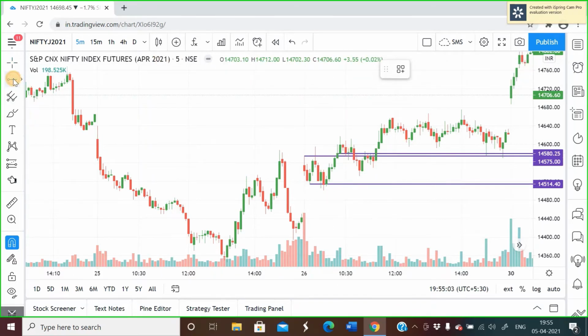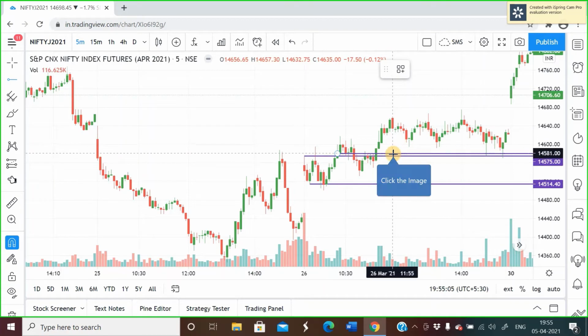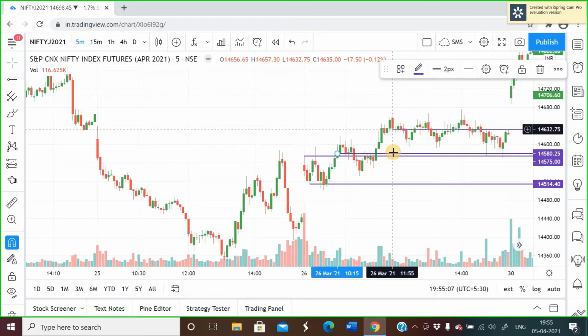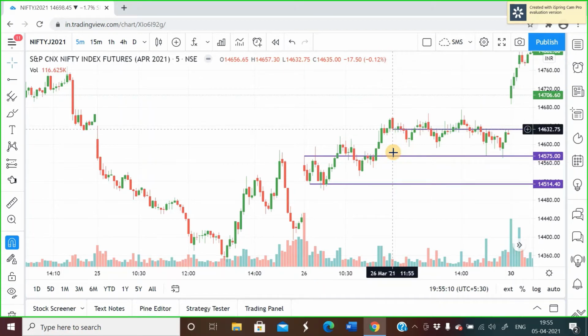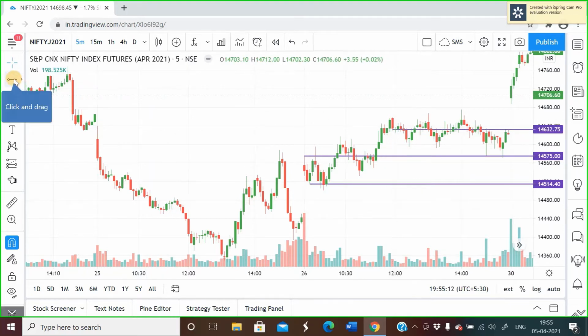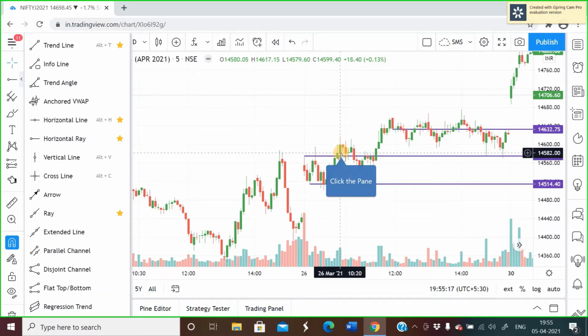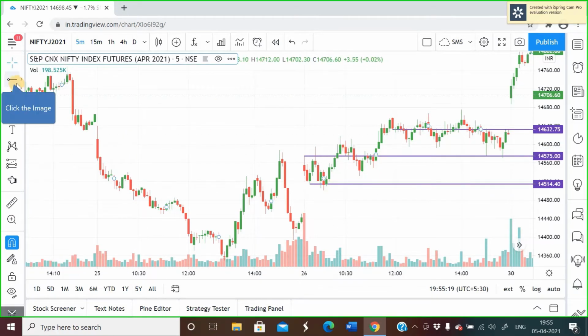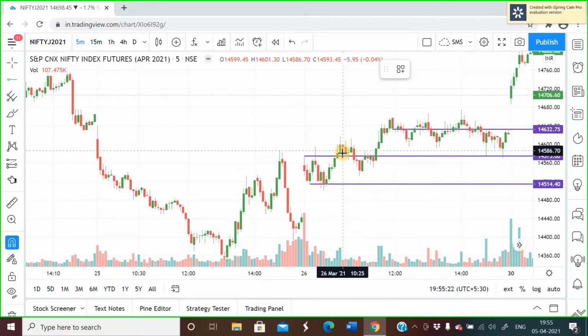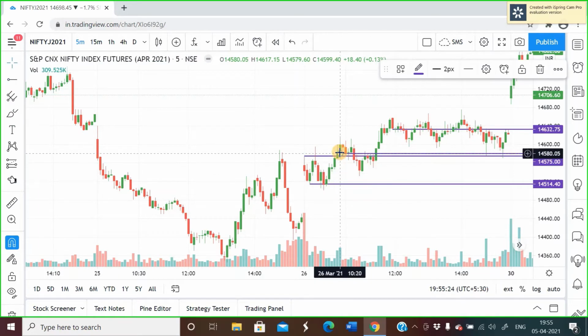So you just have to mark the open. So this is where we opened, right? You can see this absolutely at the top. 14,580 was the open. So now we have entered the trade technically, right?